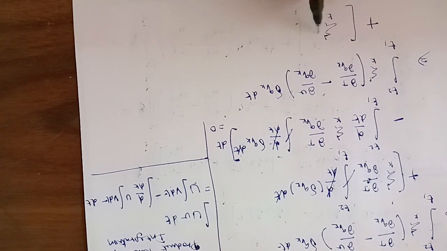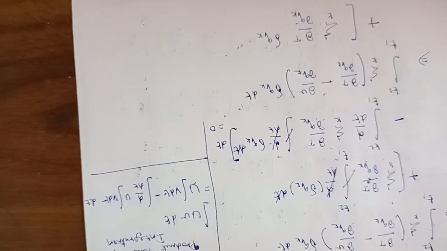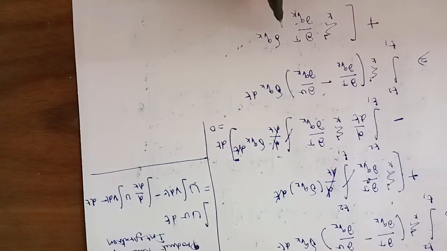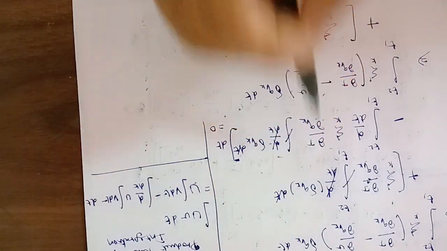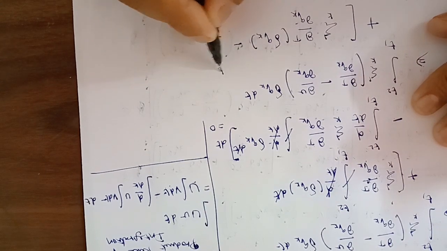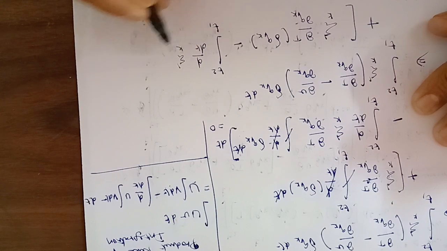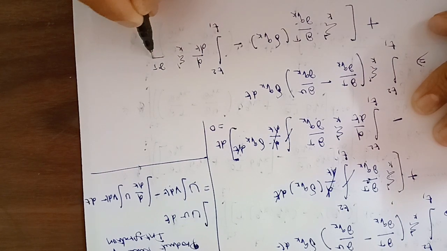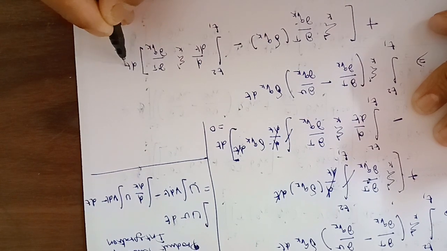Summation of k dou t by dou qk into delta qk minus integral t1 to t2 d by dt of summation of k dou t by dou qk into delta qk into dt equal to 0.